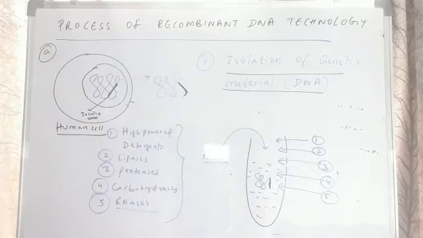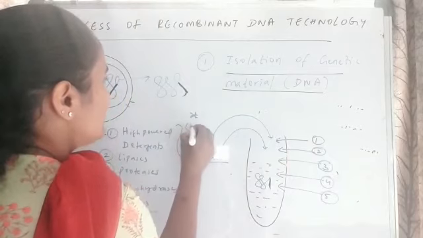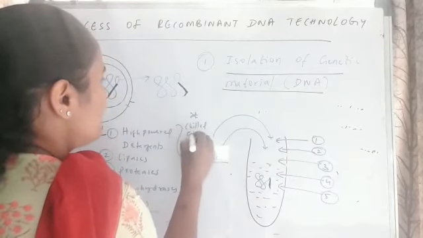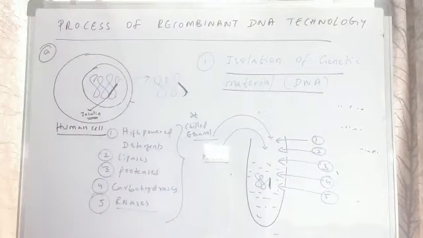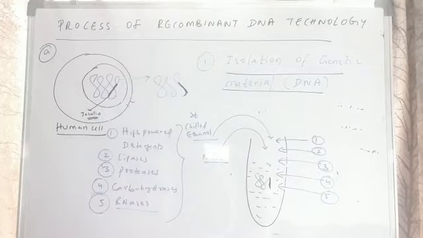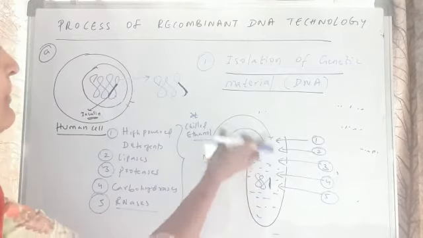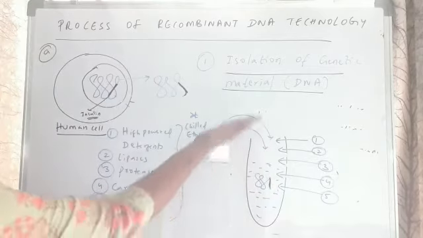And then we will be adding the very, very important chilled ethanol. So ethanol, cool, chilled ethanol we are adding. Now when we add chilled ethanol, the DNA is going to precipitate. So it is going to precipitate out.